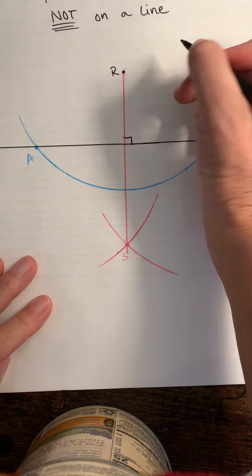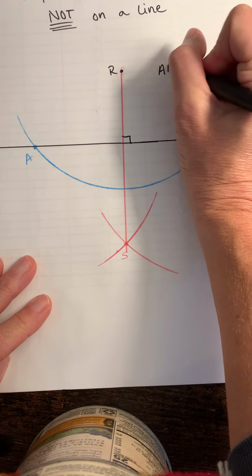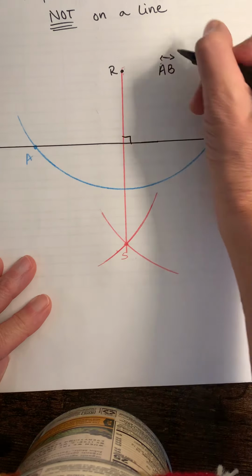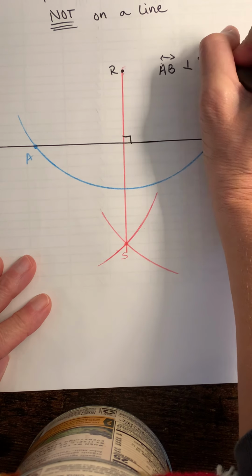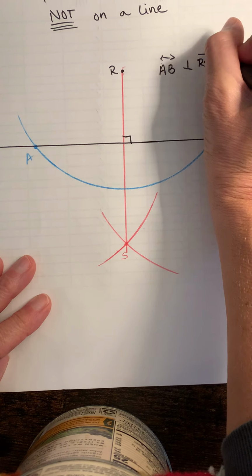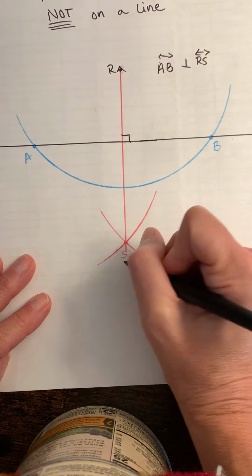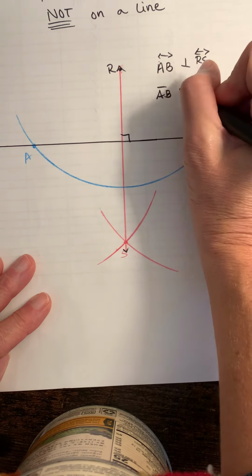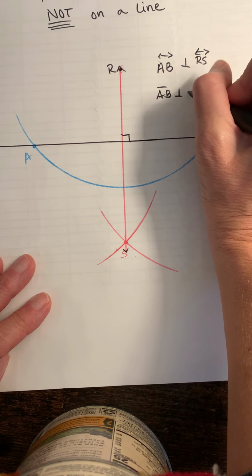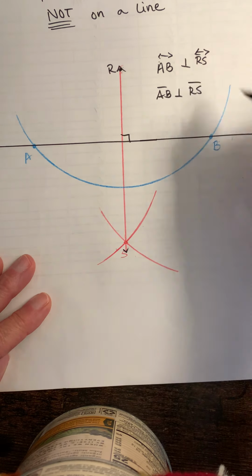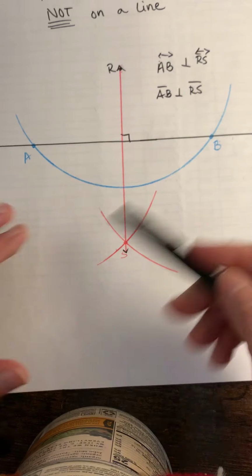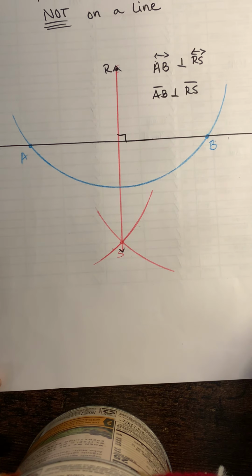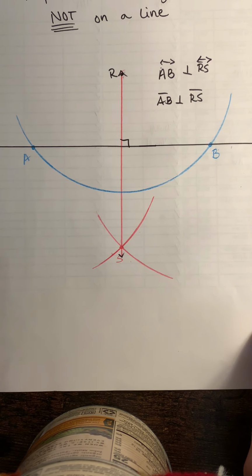And for my notation, I would say that line AB is perpendicular to line RS. I could put arrows on it like that, or I could just be talking about the segment. Segment AB is perpendicular to segment RS. It doesn't change the perpendicular part here, but it does change the length of the line or the line segment.